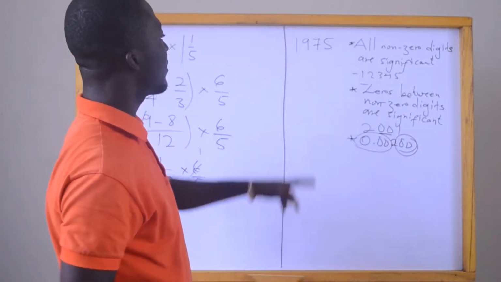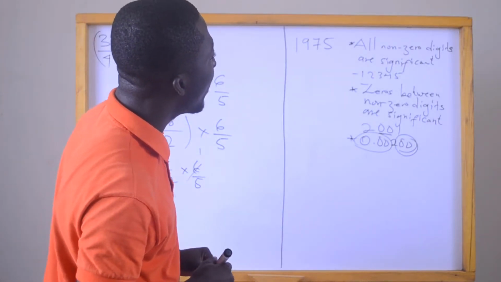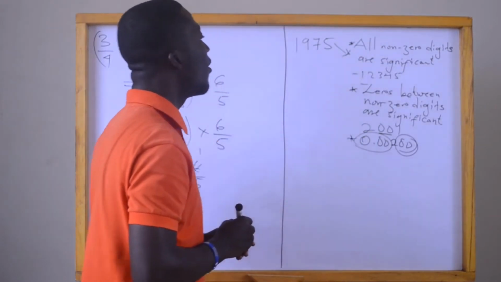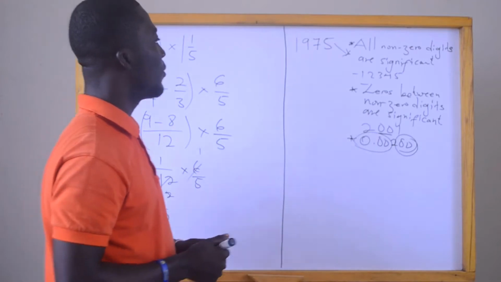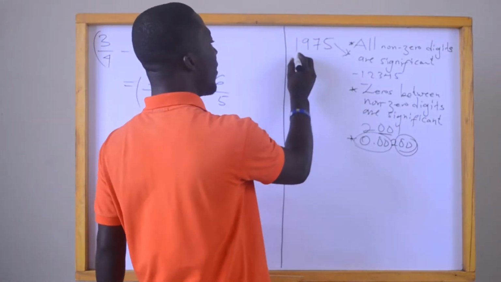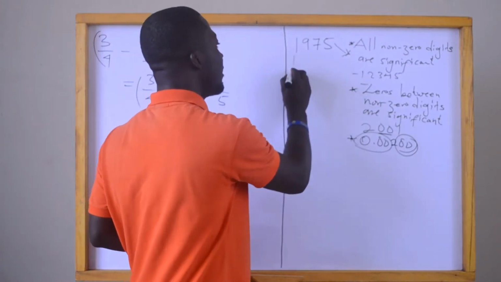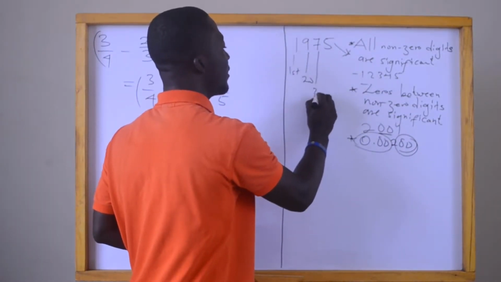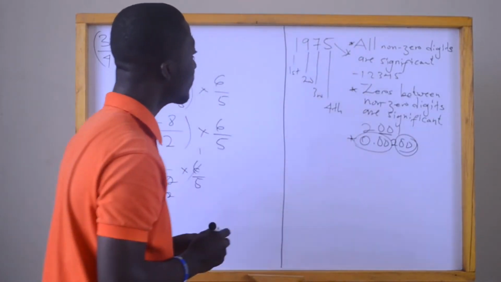So let's come to 1975. We are going to apply the first rule, which says all non-zero digits are significant. So 1 is our first significant figure, 9 is the second, 7 is the third, and 5 is the fourth.